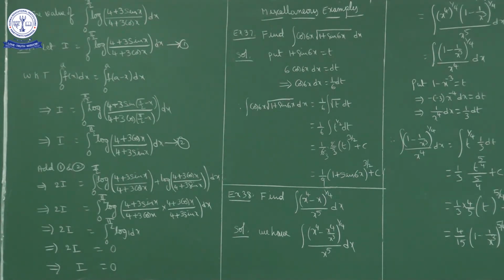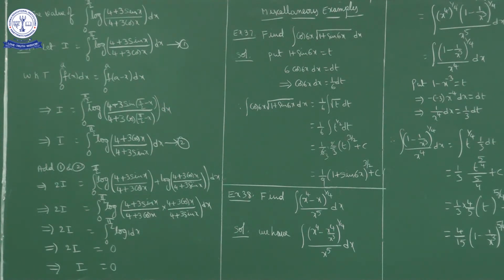Okay, now we have a property, we are using this property many times. Integral 0 to a f of x dx is equal to integral 0 to a f of (a minus x) dx. Replace variable by upper limit minus variable. Okay, using this property we have I is equal to integral 0 to pi by 2 log of (4 plus 3 sin (pi by 2 minus x)) upon (4 plus 3 cos (pi by 2 minus x)) dx.